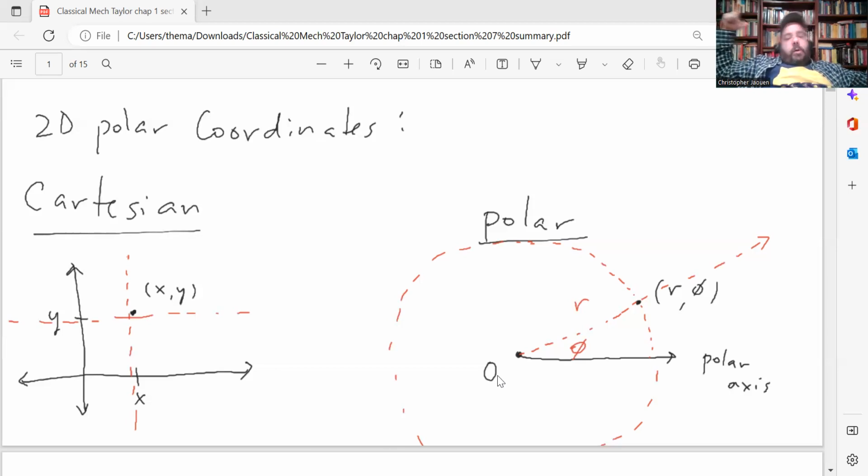And I should make one little note here about notation. Apparently in physics, they use phi for the polar angle, whereas in mathematics they use theta, which isn't really too confusing here.